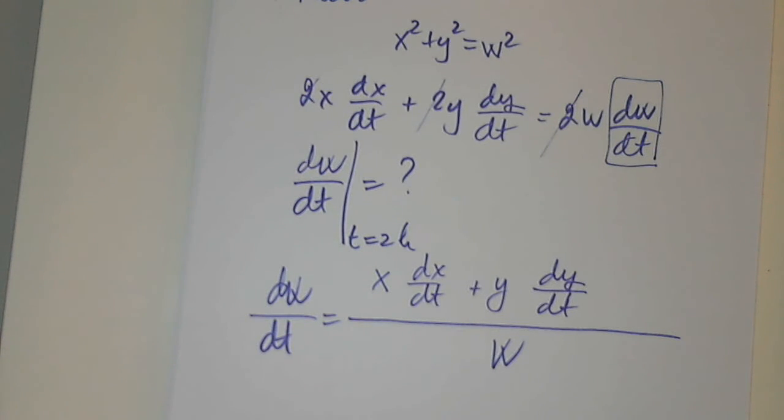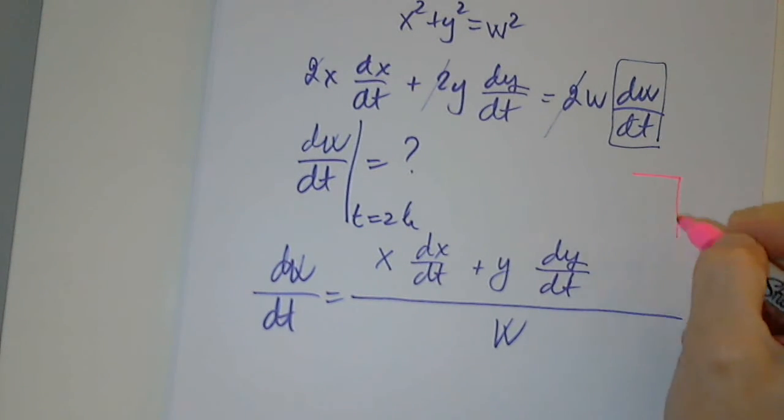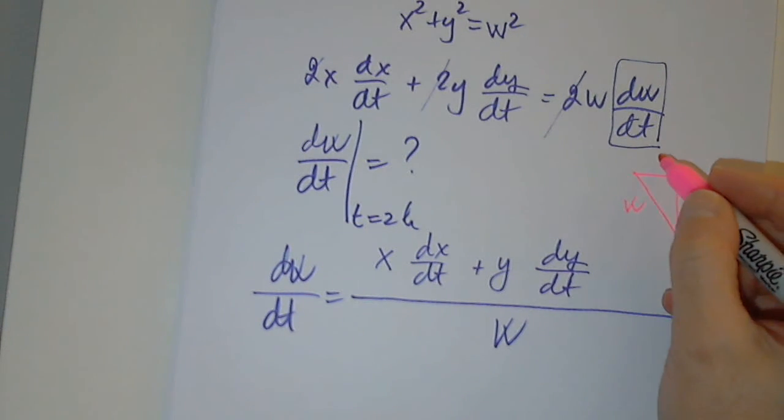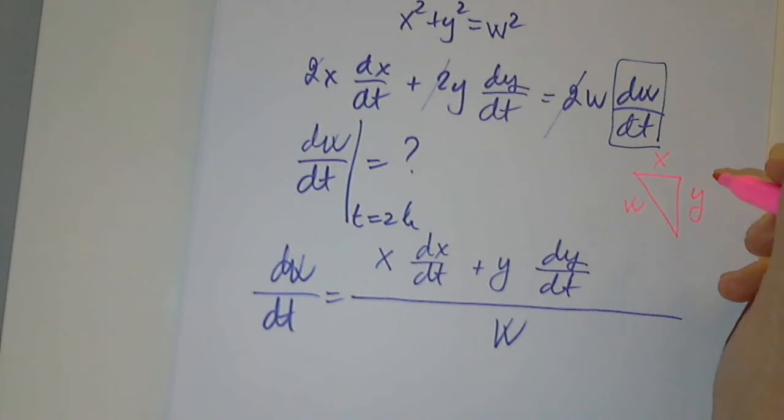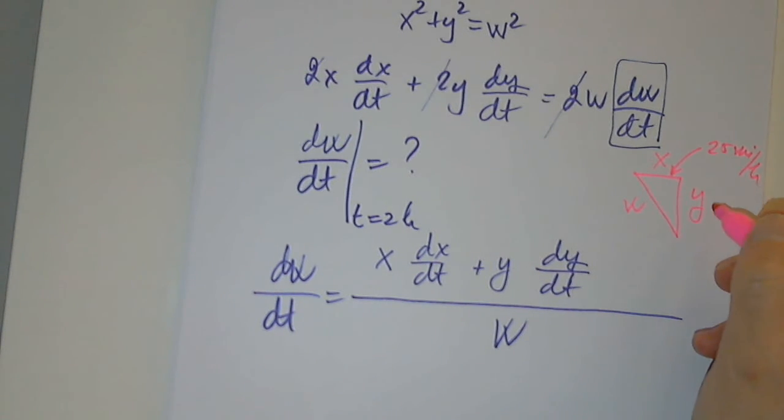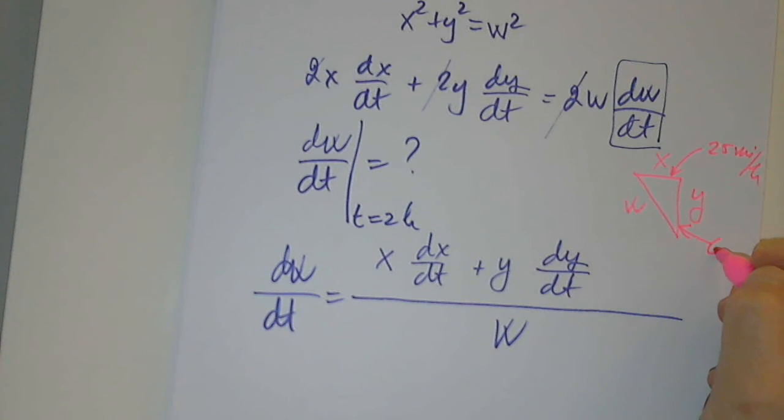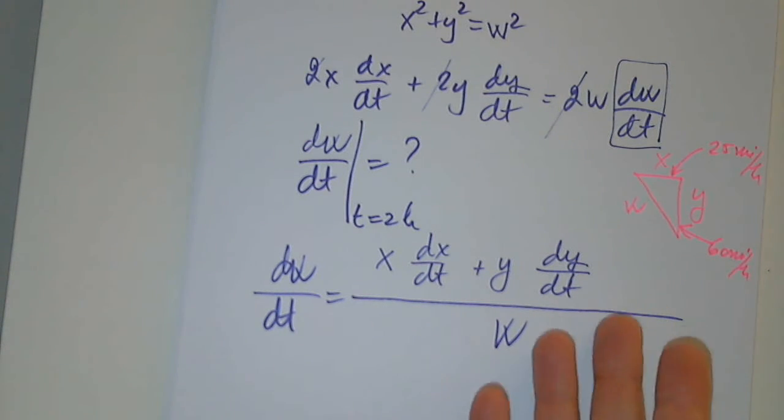So let me copy the figure that we had last time. This was w, this was x, this was y. The rate here was 25 miles per hour, and the rate here was 60 miles per hour. Good. So do we have all these variables?